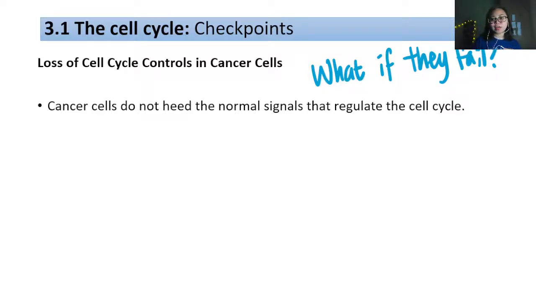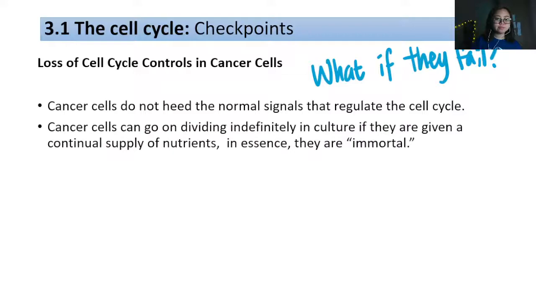Kalau kita ada sel-sel cancer, that means your cancer cell tidak dengar cakap. Walaupun dia belum bersedia untuk masuk S phase, dia masuk saja, dia lantak saja dia masuk. That regulate the cell cycle. If you have these cancer cells, they can go on dividing indefinitely in culture.